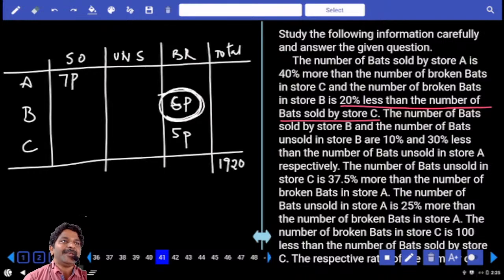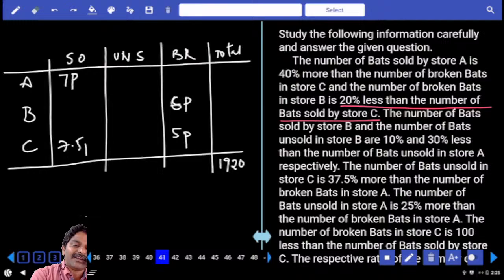80% plus 20% will give us 100%, right? So if 80% is 6 parts, divided by 4, that is 1.5 part. So you are supposed to write sold bats in C as 7.5 parts, which is a decimal. I don't like to write decimals.